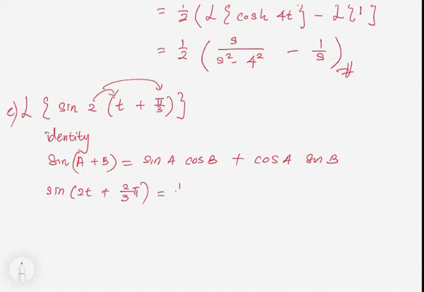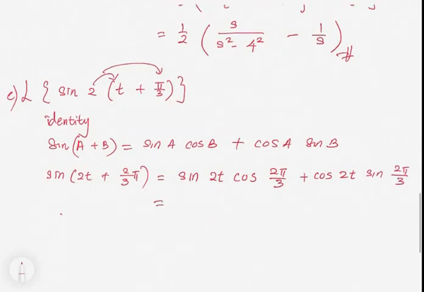So this is equivalent to, wait, it's not negative half. So equal to sine 2t cos 2 pi over 3 plus cos 2t sine 2 pi over 3.